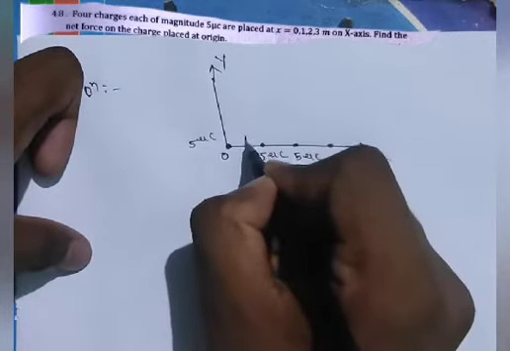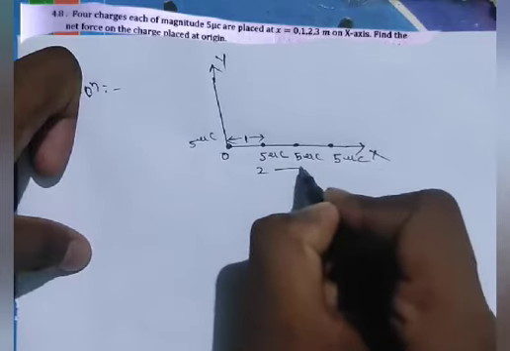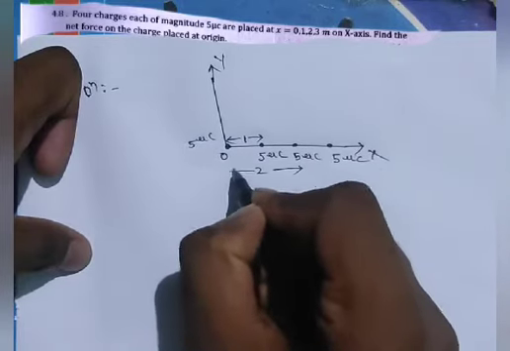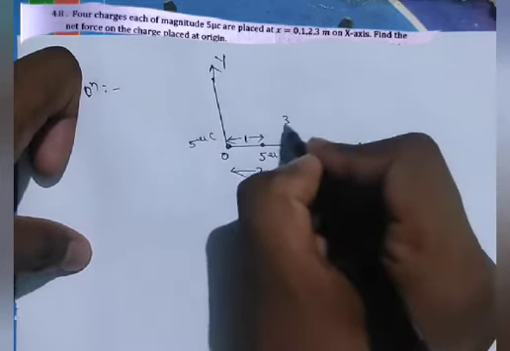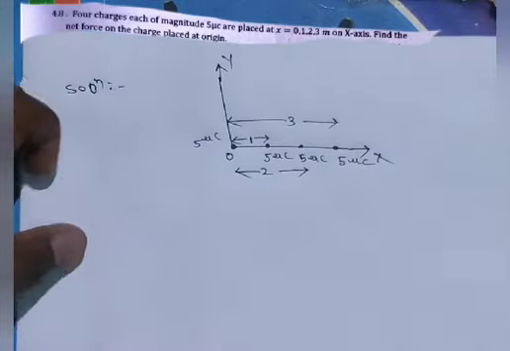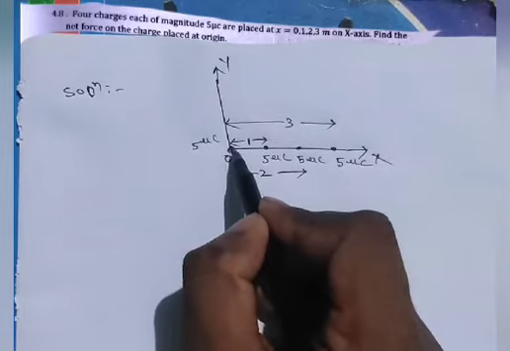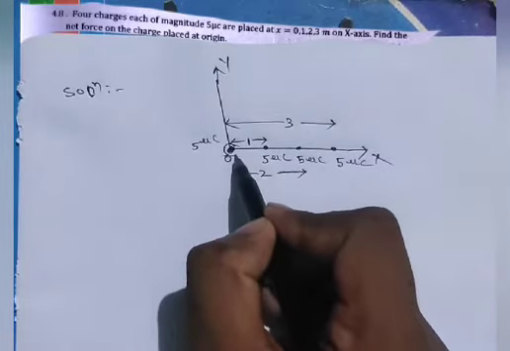So this is the distance 1 meter, this is the distance 2 meter, and this distance is 3 meters.